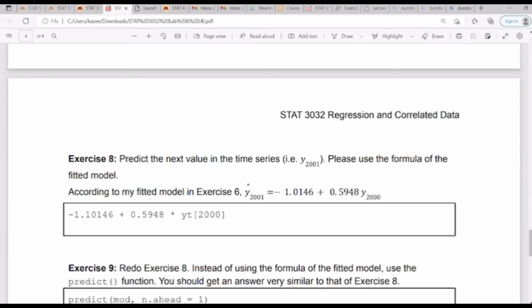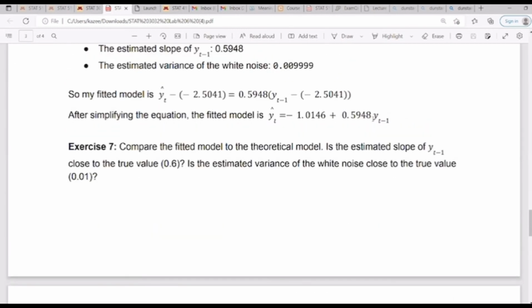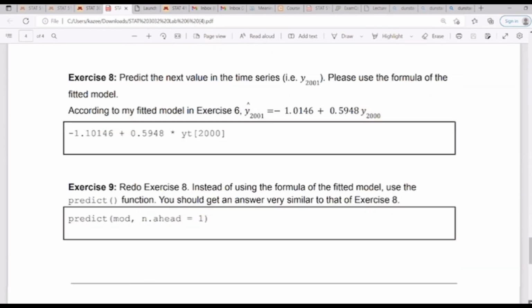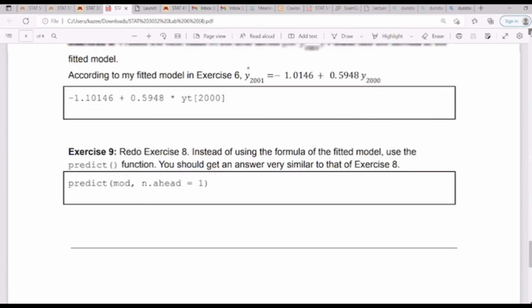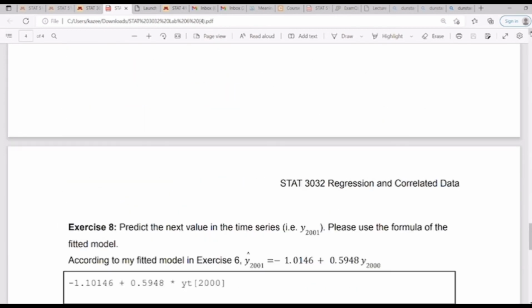If my last data actually stopped at 2000, I can predict for 2001. Don't forget the final working model is this one now, right? So I can make a prediction for this using the past value. Don't forget that we simulated a 2000 data set.